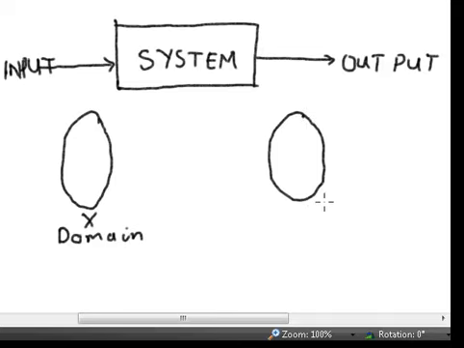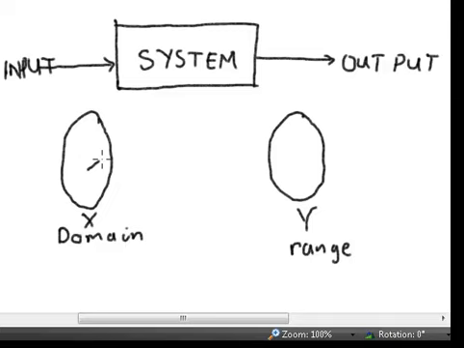Then we've got another set, which you can call the range of the function. And then what sits in the range? In the range sit those values or those possible outputs of the function. So this side is input, that side is output.